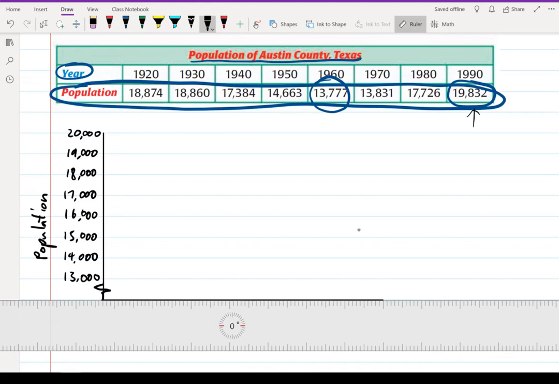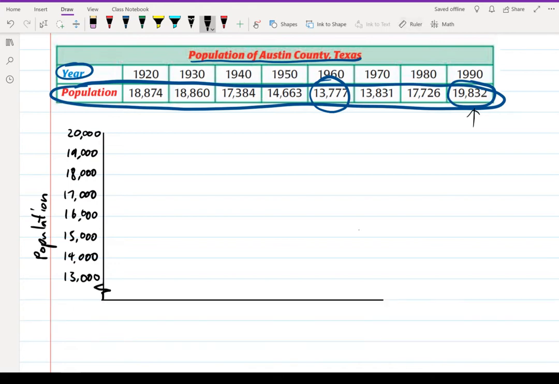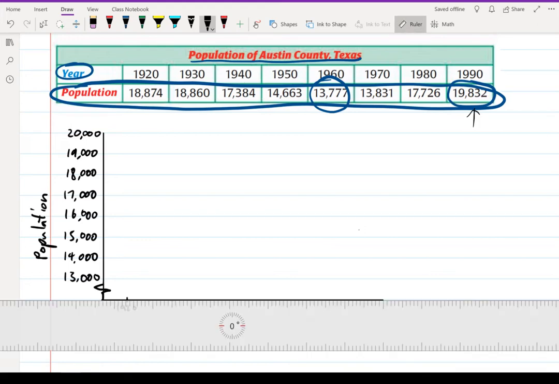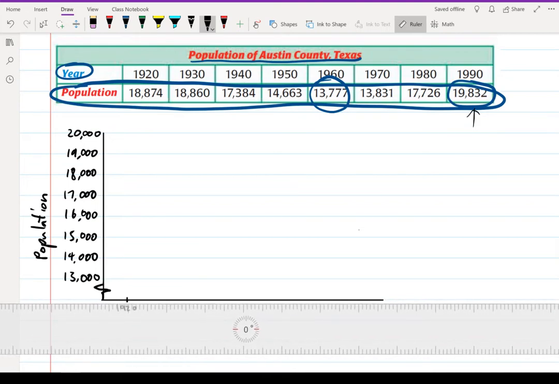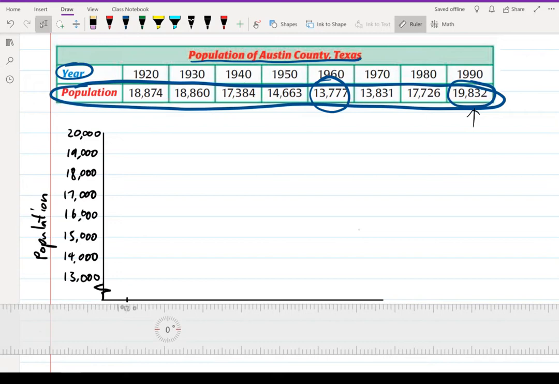So, let me take my ruler away. This will be 1920, and then space them out evenly. Well, let me take up my ruler so I can space it out. Let me do it this way. Oh, I can't make it bigger for some reason.